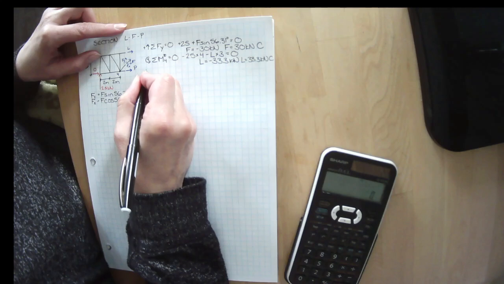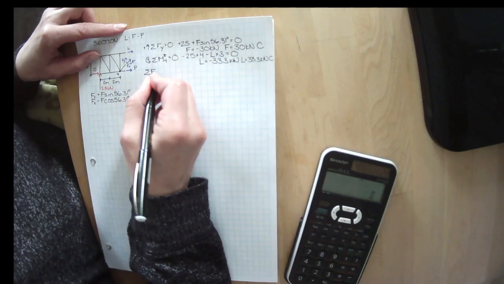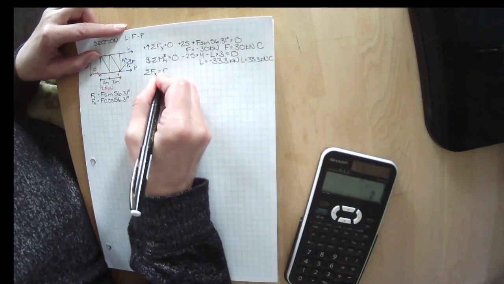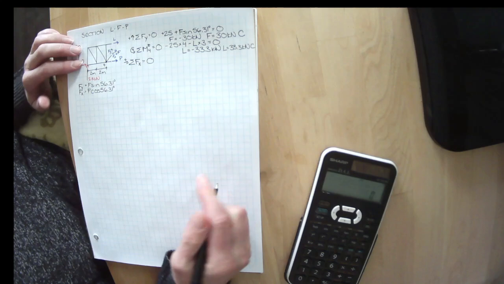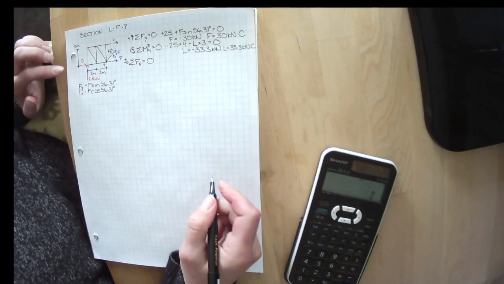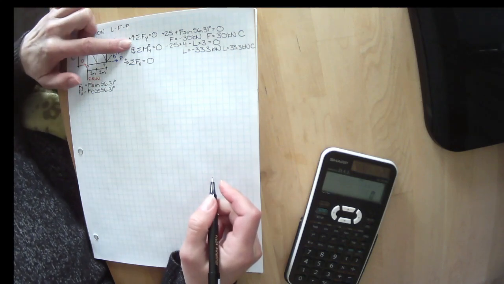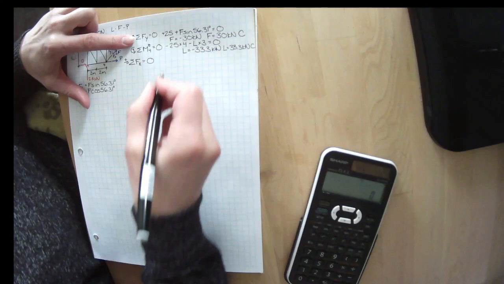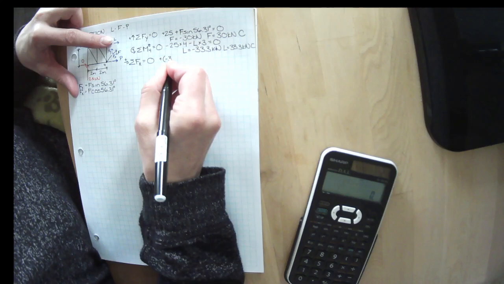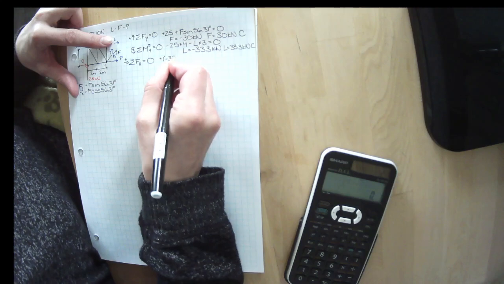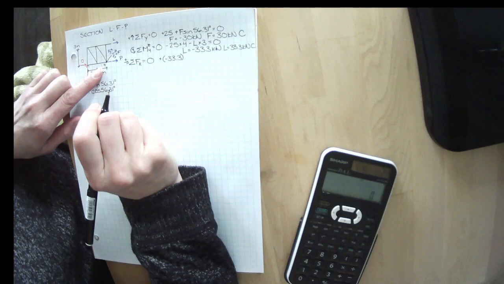Now, let's do our very last one. We have 3 equations available to us. Sum our forces in the x direction with everything going in that direction being positive. Well, we have our 0 kilonewtons. We have L going in that direction. We've calculated L, so L is going in the positive direction, but we know it is minus 33.3.